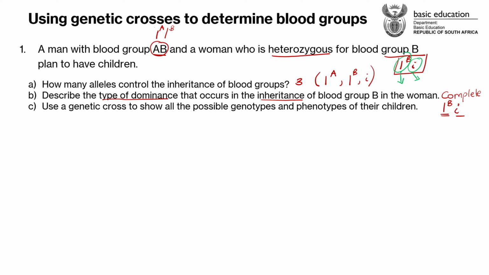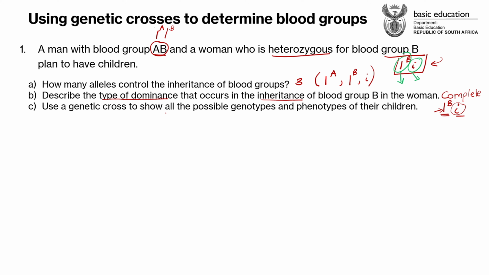So that's a form of complete dominance. So when they say describe, you have to explain that this dominant allele I^B is the one that is showing in the phenotype, resulting in the woman having the blood group B. Okay, so the i is actually masked. You must explain that as well. So I'm not going to write that.